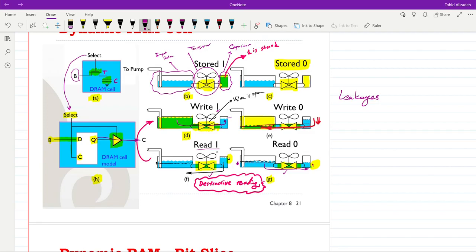For that reason, because of the leakages, we would need to have some refreshing scenario for our dynamic RAM system.